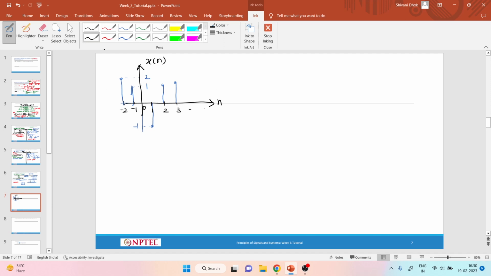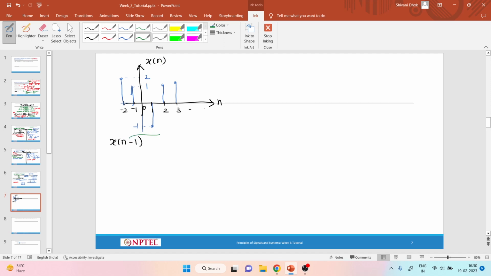So first thing we'll do is shift it by some factor, like this, x of n minus 1. Now what you had was x of n, and now you're having x of n minus 1.